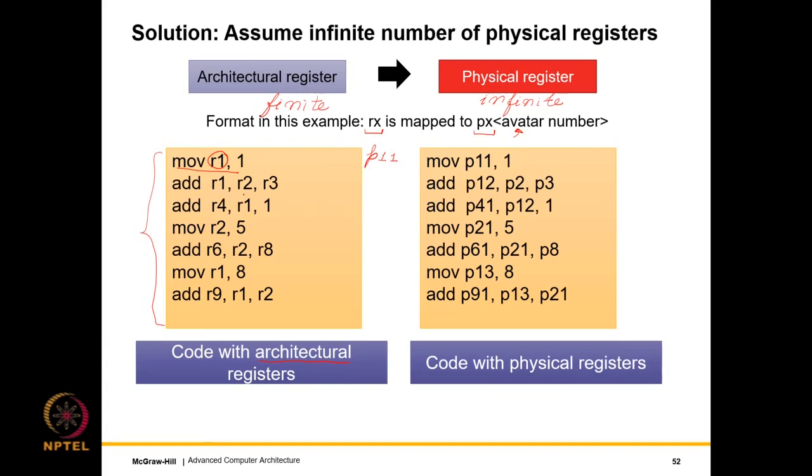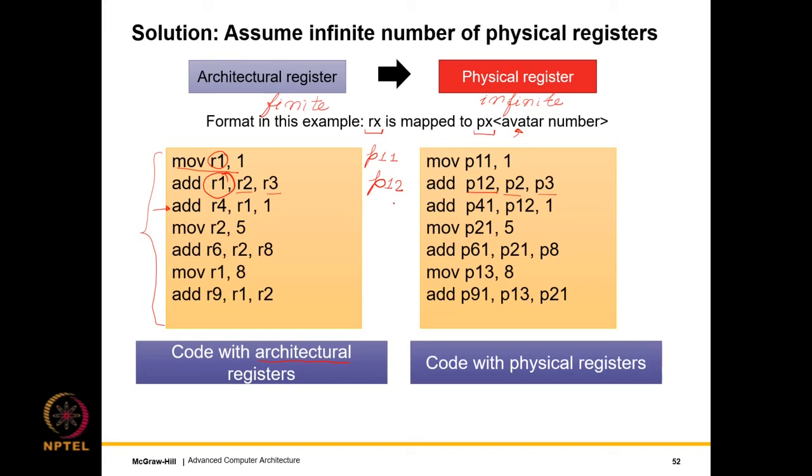Now, let us assume that R2 and R3 were initially mapped to P2 and P3. So, you will get the values from there. Since we are creating a new avatar of R1, we create a new physical register, which will be P1, second avatar P12. The third instruction is rather important.